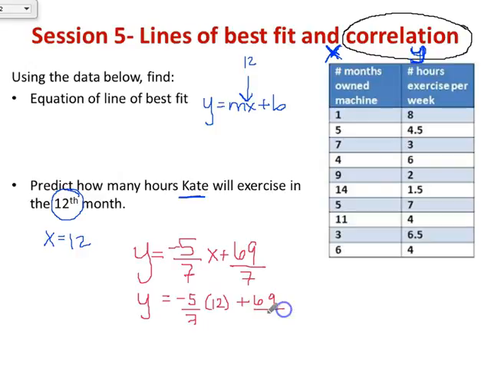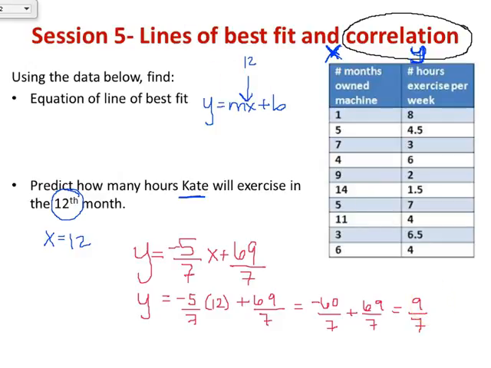So here, if you want to just grab a calculator, you can do that. Otherwise, we can do the math by hand. So -5 times 12, we know is 60, so -60 over 7 plus 69 over 7, -60 plus 69, I know is 9, so 9/7.